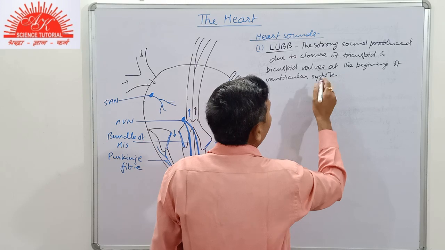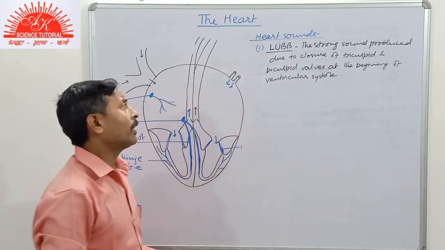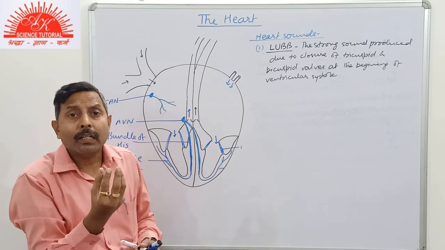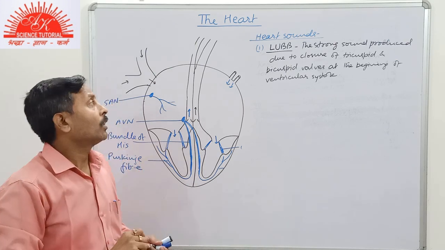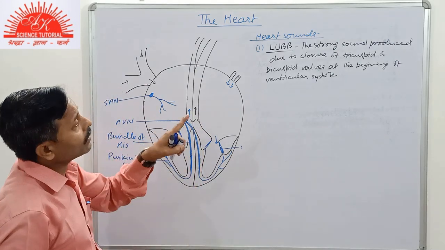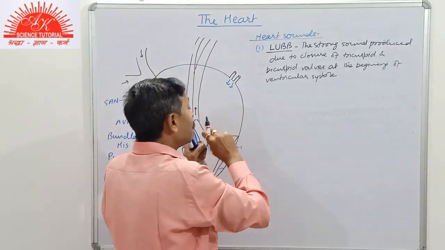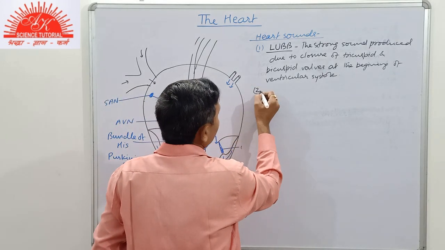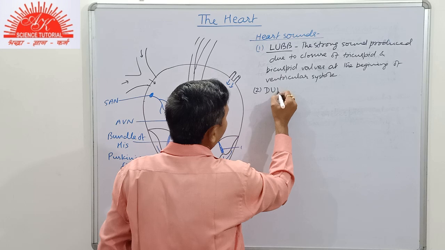If you hear the heartbeat, you can easily recognize it, that is the strong sound. It is followed by the weak or faint sound. So the first sound is due to the closure of tricuspid and bicuspid valves, and it is at the beginning of ventricular systole. The second sound is the dup.